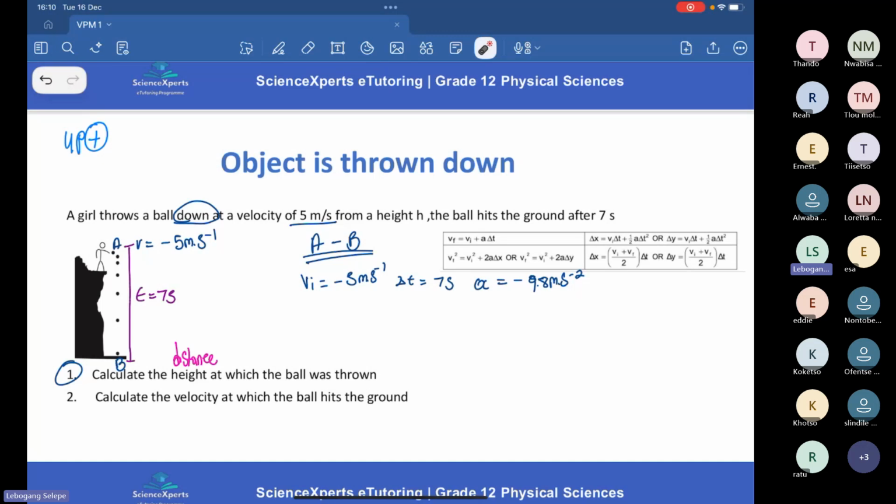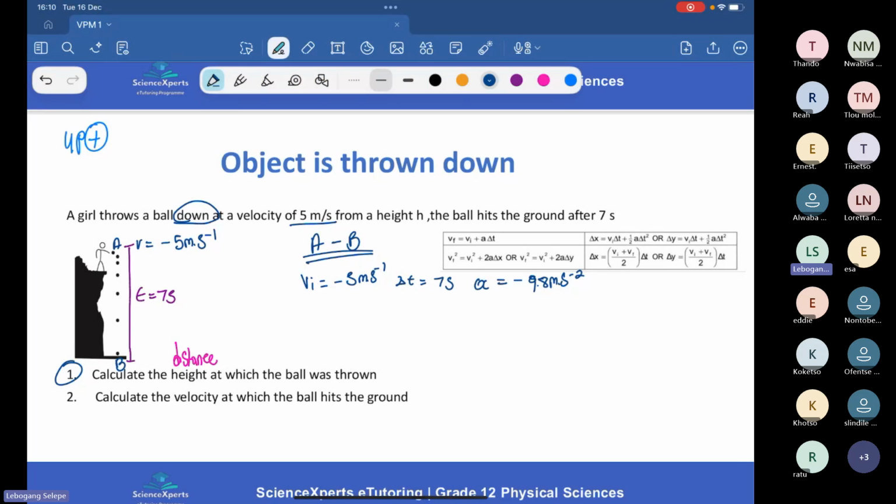So can you see, like I told you, that sometimes the displacement of the object is the same as the height? If the object followed the same path as the displacement, then the distance traveled and the displacement would be the same.